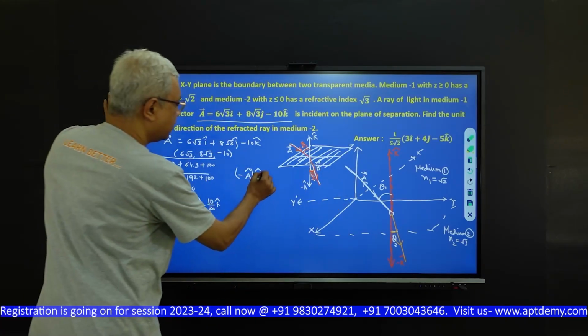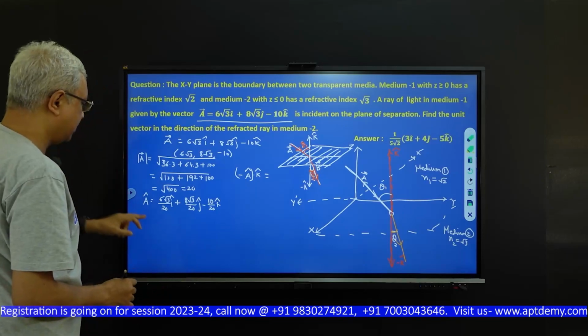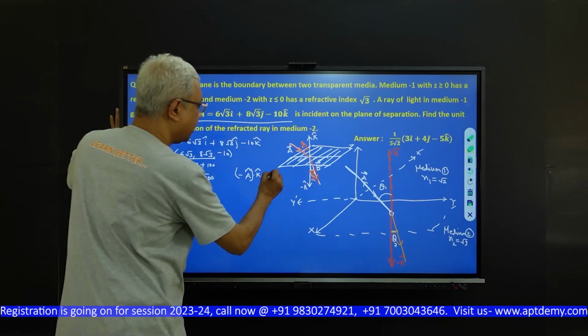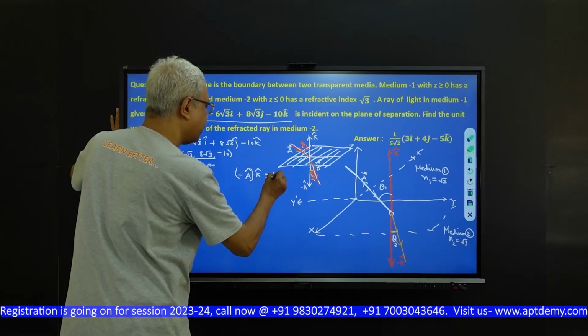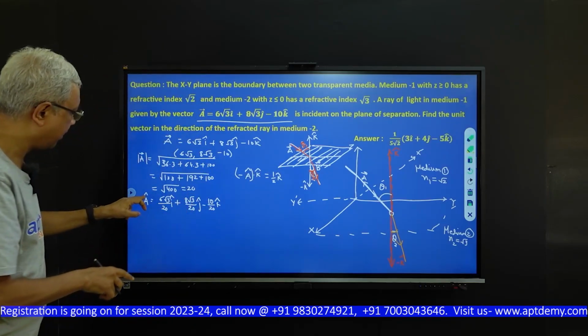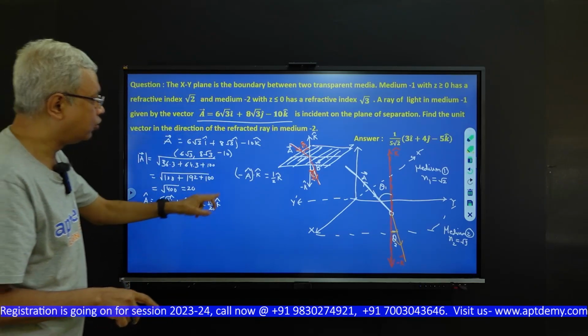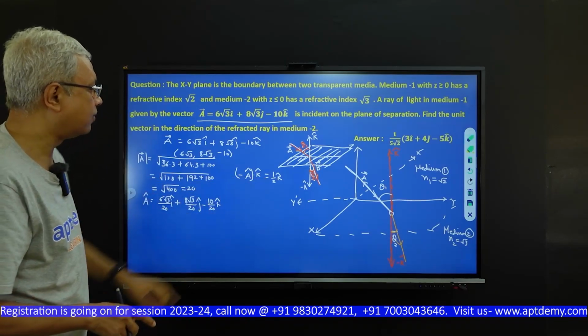I can write it in two ways. It is simply half: k cap dot product A cap, minus A cap dot k cap is actually half.